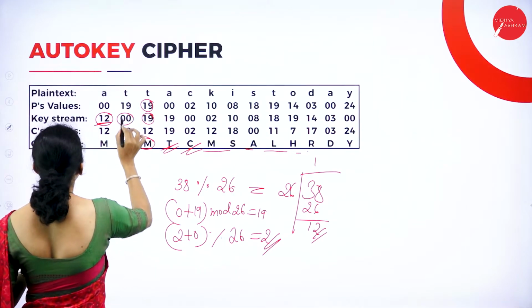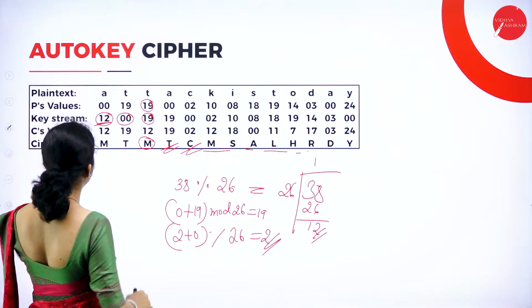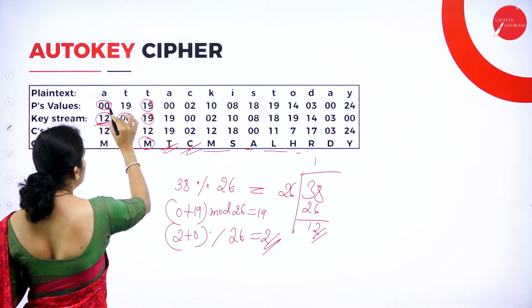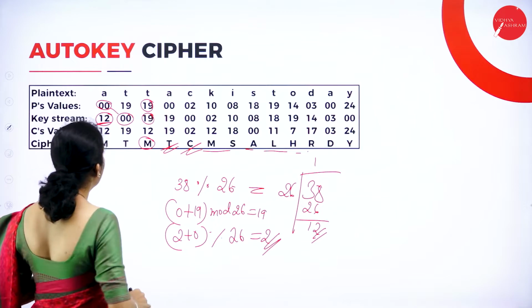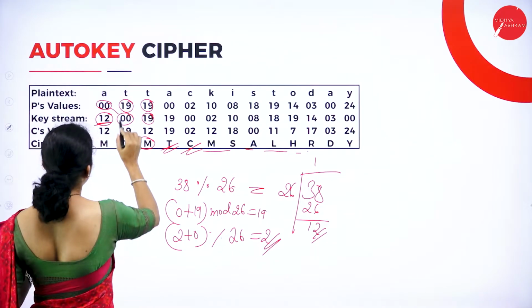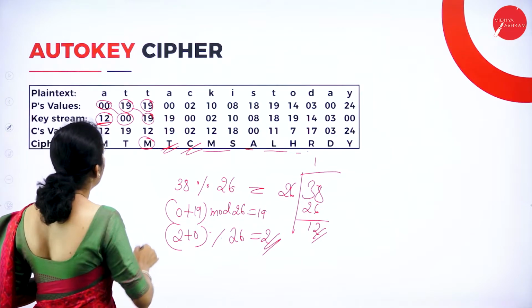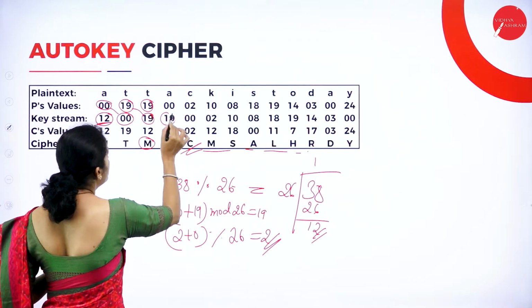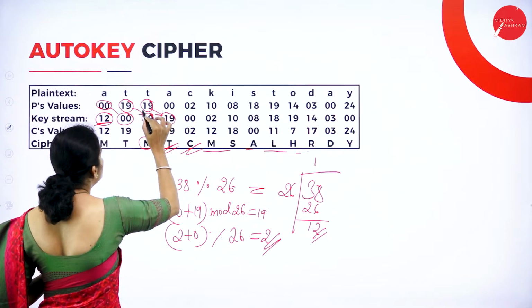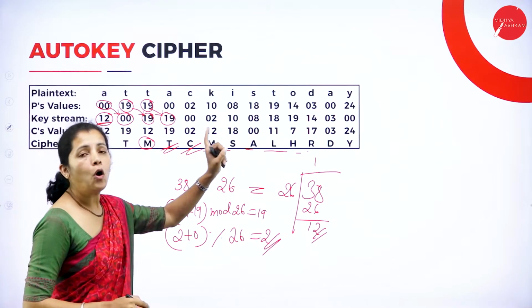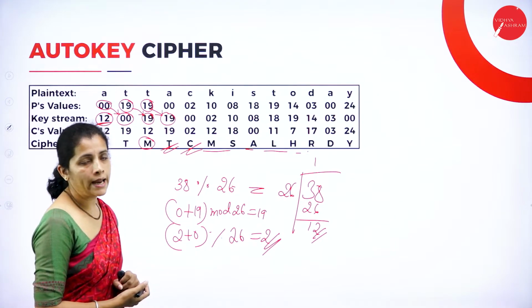That depends on my plain text position. So at the position 1 I'm having 0, but this is my second key. And at the position 1 I'm having 19, and this is my third key. And at the third position I'm having 19, and this is my fourth key. So it is going to vary until I reach all the plain text characters.